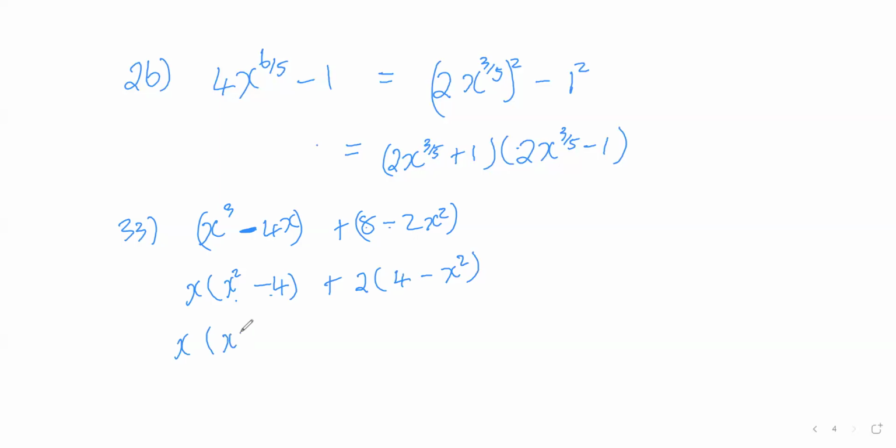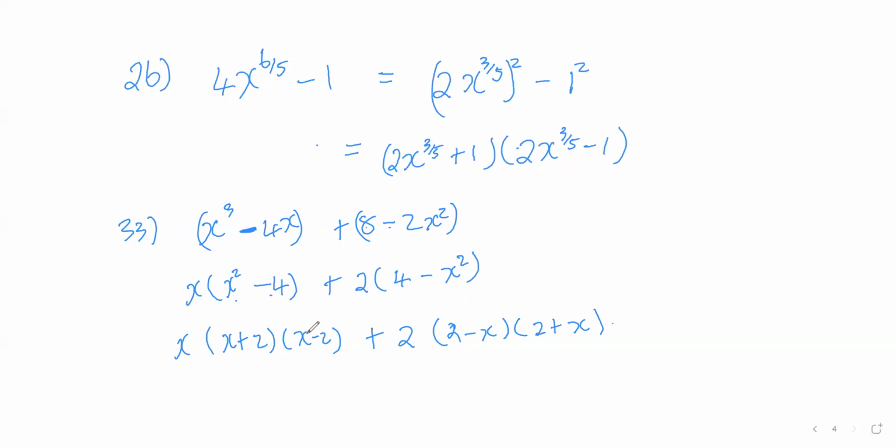It gives me x plus 2 times x minus 2, plus 2 can stay outside. Apply my difference of squares formula. Gives me 2 minus x times 2 plus x. Okay.